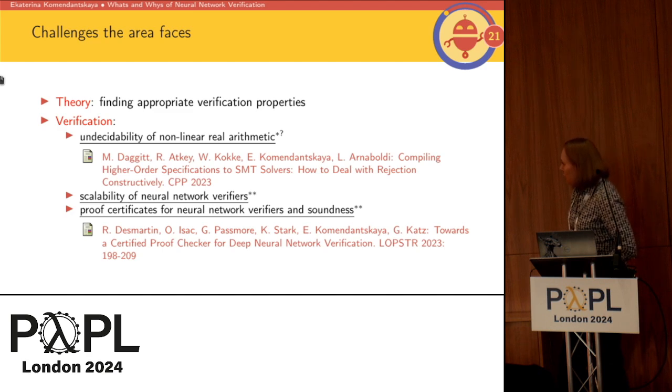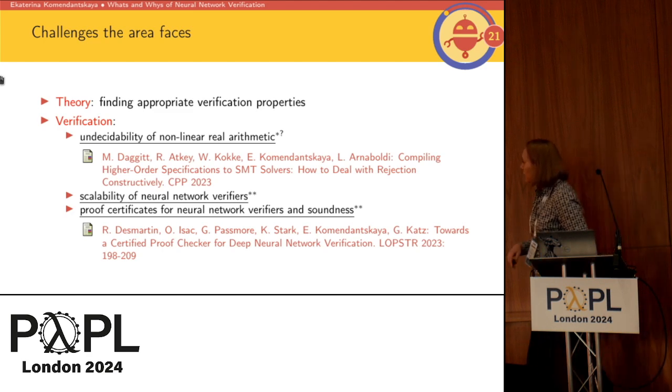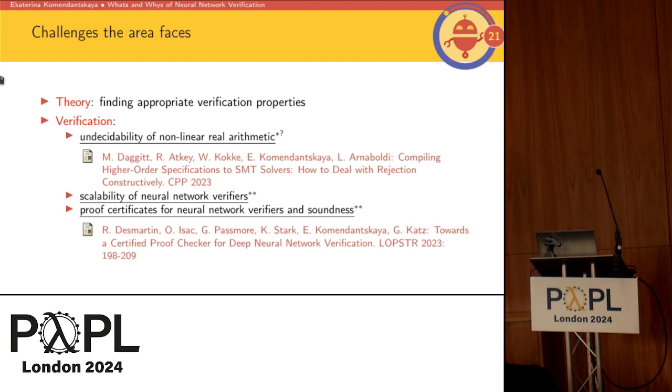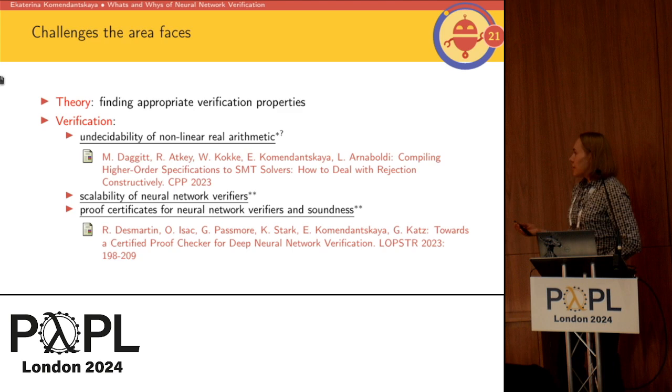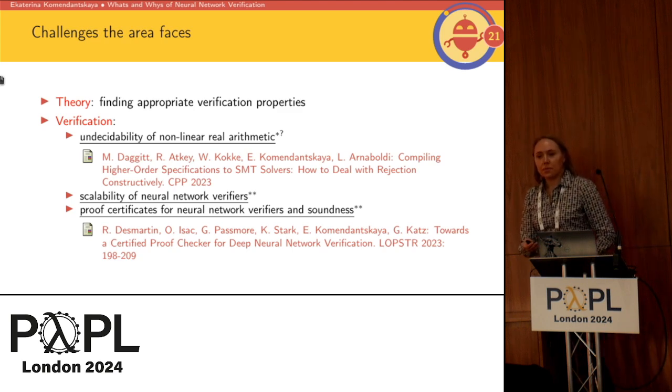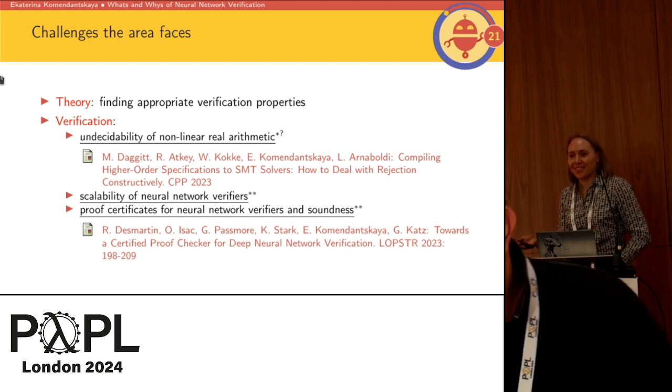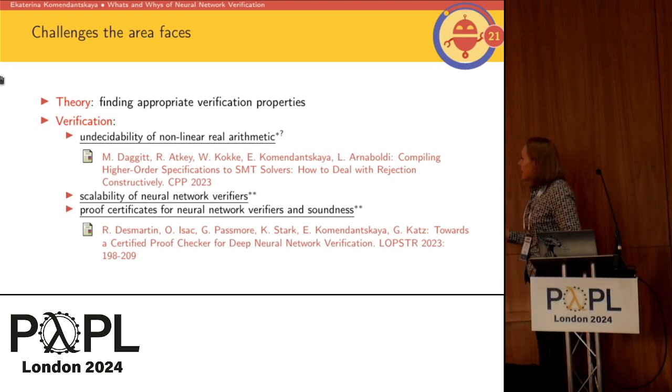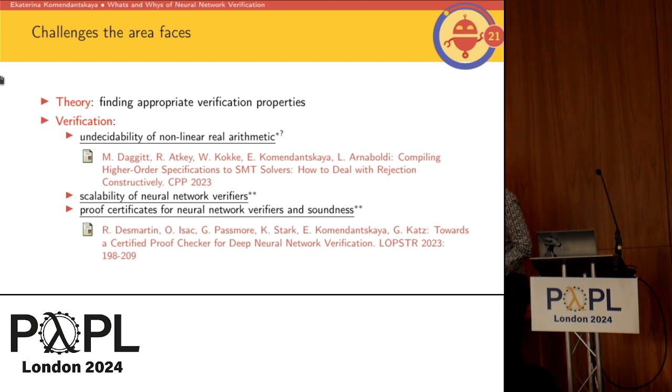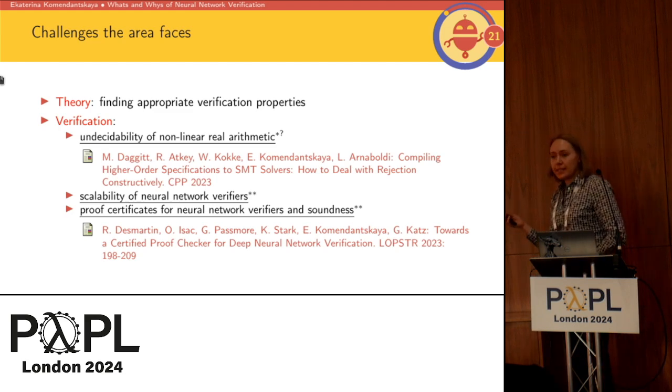So let's have a look at the color coding here. Well, I'm putting a star in the question mark. Undecidability of nonlinear arithmetic itself is probably not a problem of declarative programming. It's what it is. It's not decidable. But I'm still assigning it a star, because even if you have undecidable nonlinear real arithmetic, you can, for example, generate better error messages.